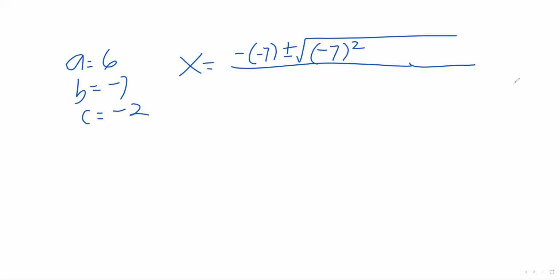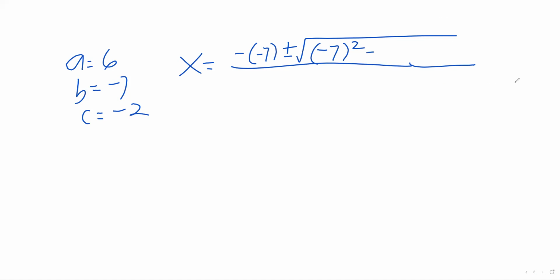You have to write the square of -7, and you have to get a positive 49. Then you're going to write negative times -2. This is going to be over 2 times a. That's the quadratic formula.